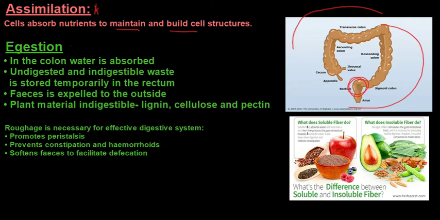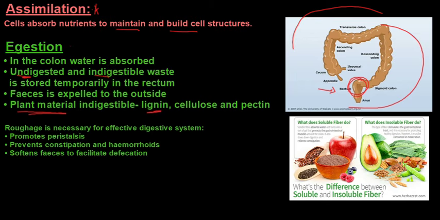Now, what is undigested and indigestible waste? There's a lot of food that did not get digested through this whole process, so that just gets egested now. And then indigestible waste is food that our bodies cannot digest, and this is generally plant material.